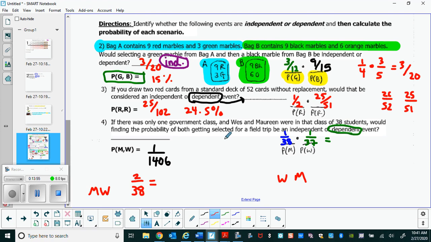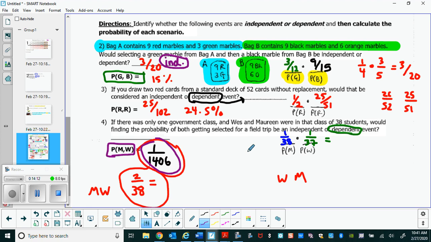So it really depends on how we're thinking about it. In this video, the problem's not particularly clear if it would want this answer or this answer. But because of the way it's set up, where we have Maureen, then Wes, we're going to go with this answer right here, calculating the probability that Maureen gets picked first, then the probability that Wes was picked after. So this is what we're going to go with here.